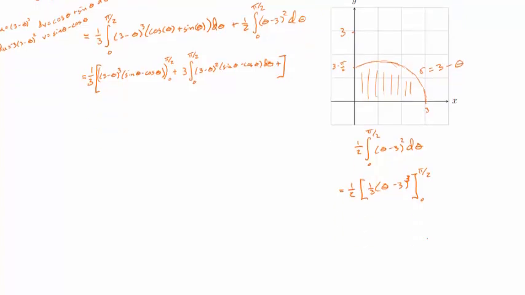And this equals 1/6 times pi over 2 minus 3 cubed, minus 0 minus 3 is negative 3 cubed is negative 27, so plus 27. Not the simplest of expressions, that's okay, it is what it is.